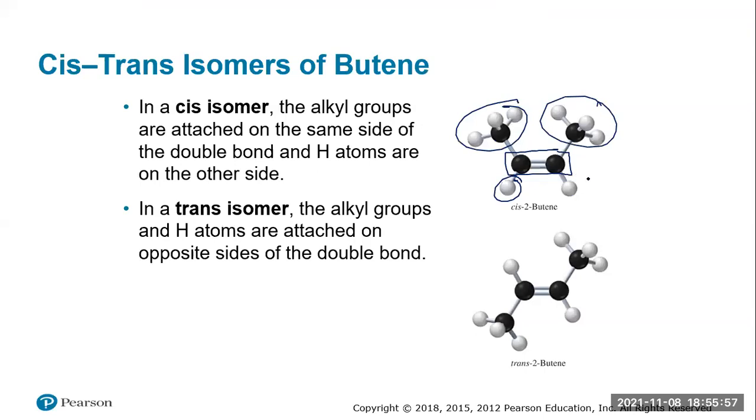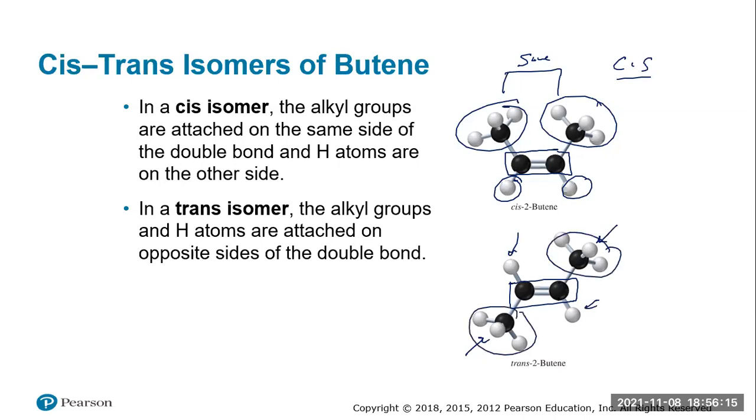This group and this group are different. These two groups are the same, and they're on the same side, which tells us this is cis. Same thing here, looking at our double bond. Again, different and different, different and different. Same on opposite sides, again, giving us our trans isomer.